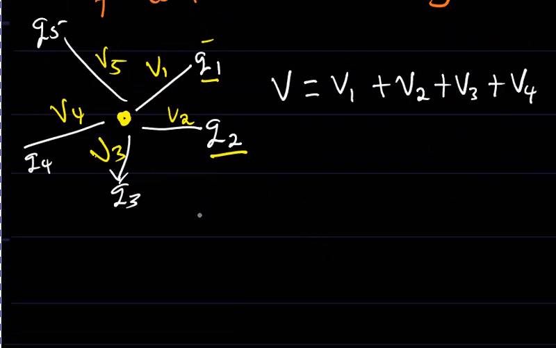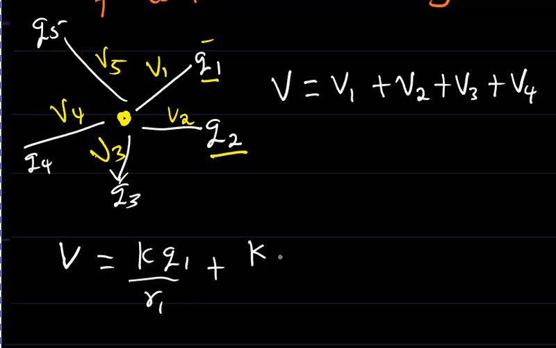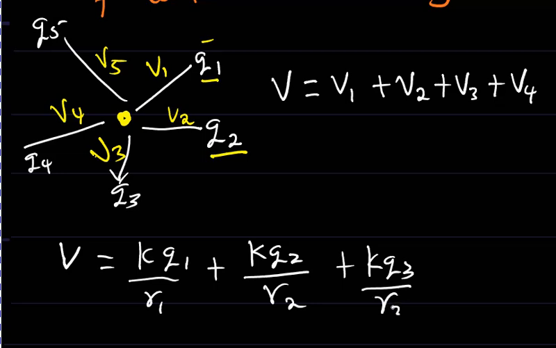You know how we write that. This is going to be KQ1 all over R1, plus KQ2 all over R2, plus KQ3 all over R3, plus KQ4 all over R4.